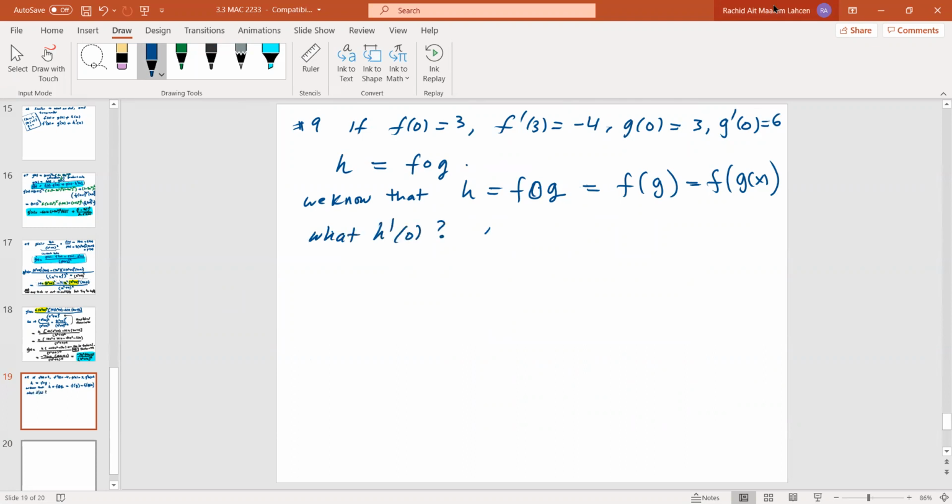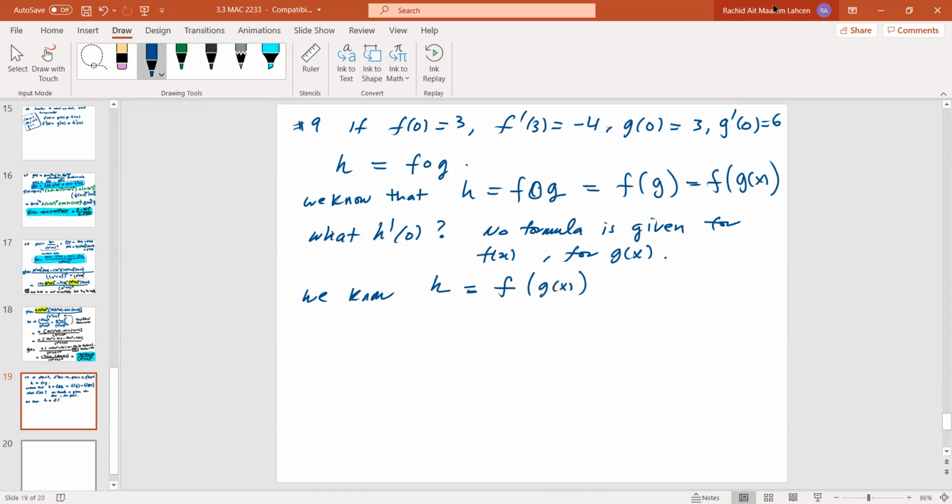So as you see, no formula is given for f of x. No formula is given for g of x, right? So you're going to say, how can we do this? But we know that h is a composition, f composed with g of x.